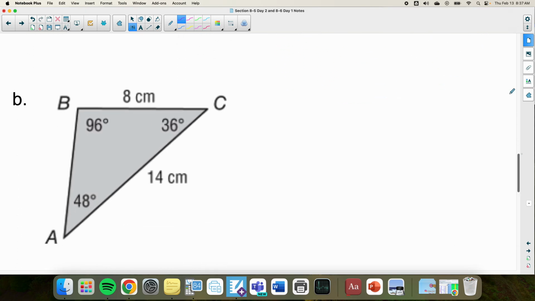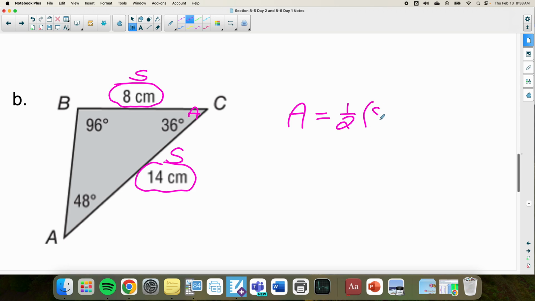Okay, so you're always looking for side angle side. So if I'm doing this one, I know I have to use my two sides. What angle would I use? 36, so that it's side angle side. So I don't even really have to worry about which sides they are, which angle it is. I just go 1/2 times my two sides, so 8 times 14, times sine of 36.